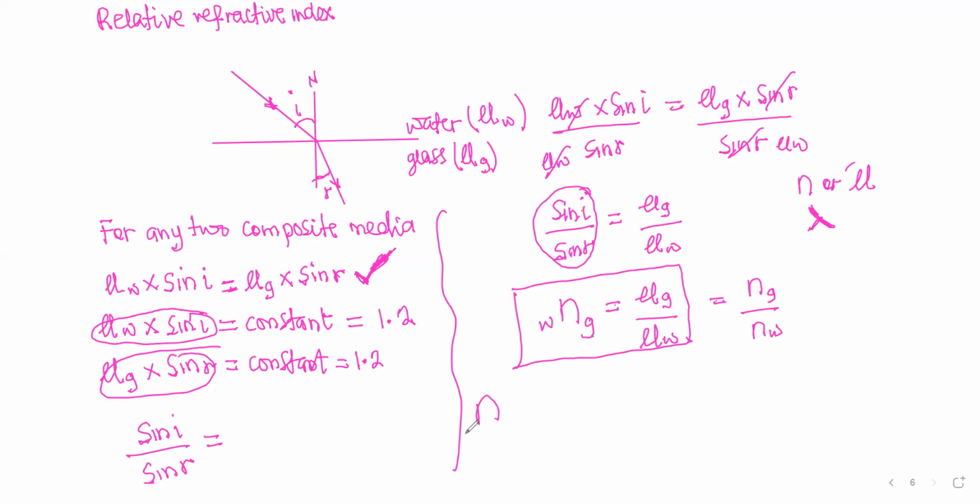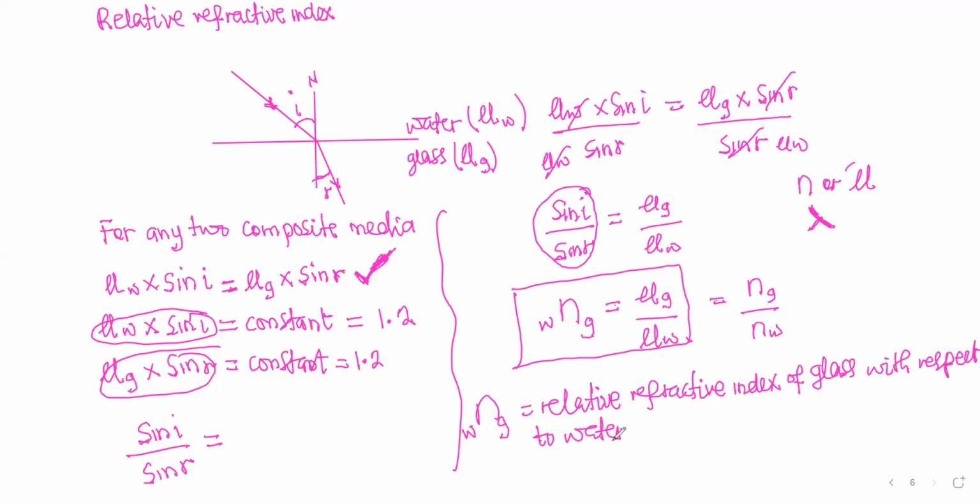So mu G is the relative refractive index of glass with respect to water, where the with respect to part implies the first medium where the light is coming from.